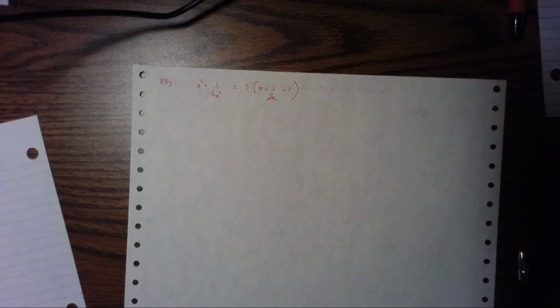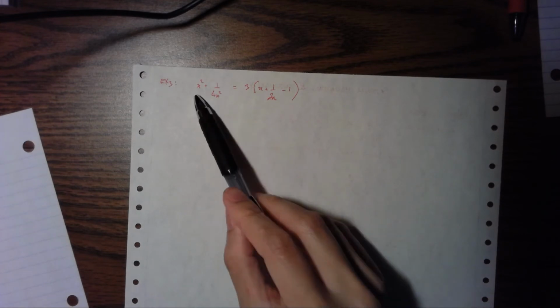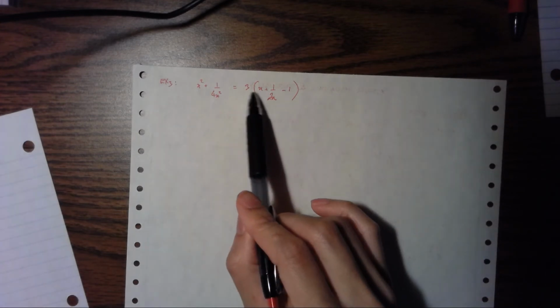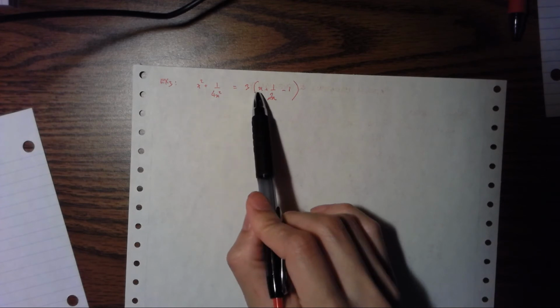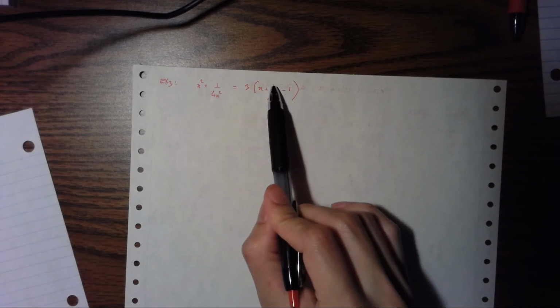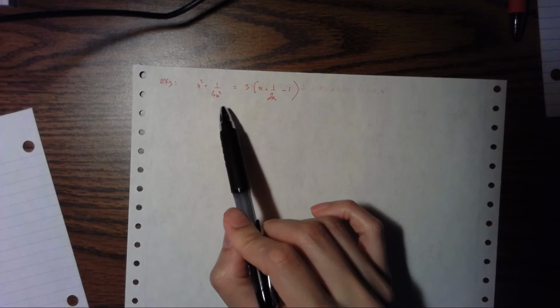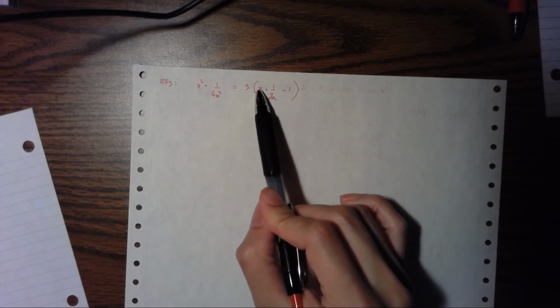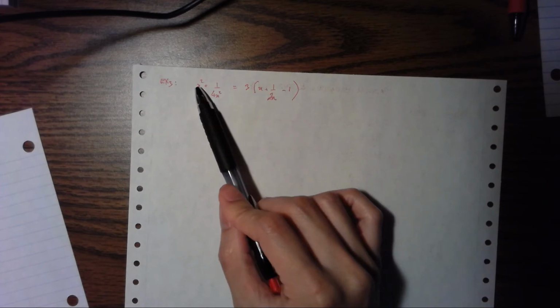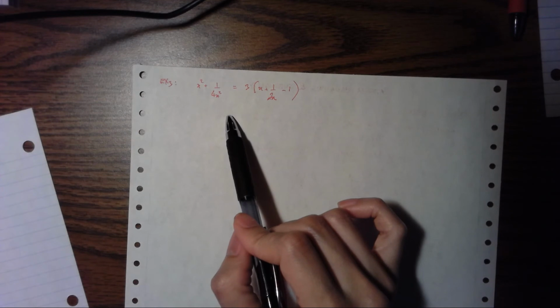You look at the equation, you see it. If you square this, give you this, right? If you square the x, give you x squared. If you square 1 over 2x, give you 1 over 4x squared, right? So this part over here and the part right here are related some way somehow.